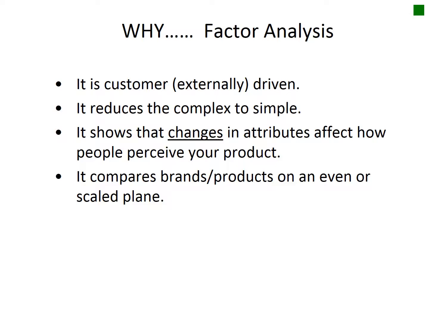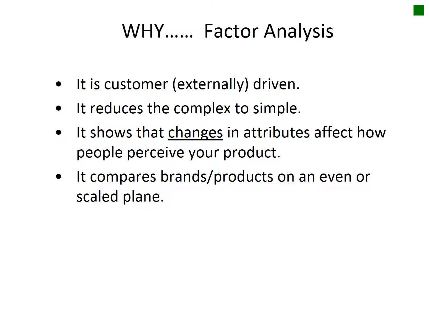Moreover, using a process like this allows us to track changes over time, and how if I make a change in one attribute area, it's going to move me on the perceptual map in a specific direction. So I can actually measure that change. I can determine how much more comfort I need to put in my product in order to move it on the perceptual map.